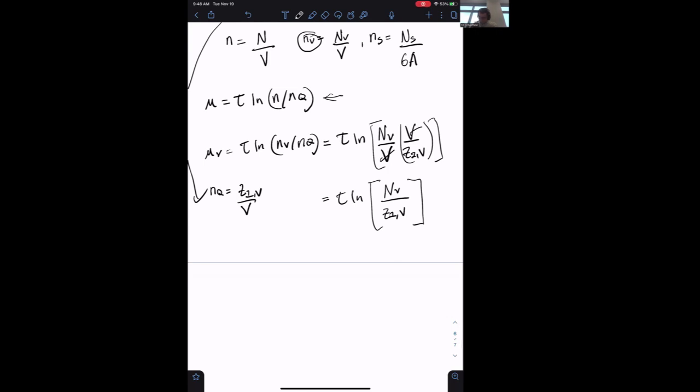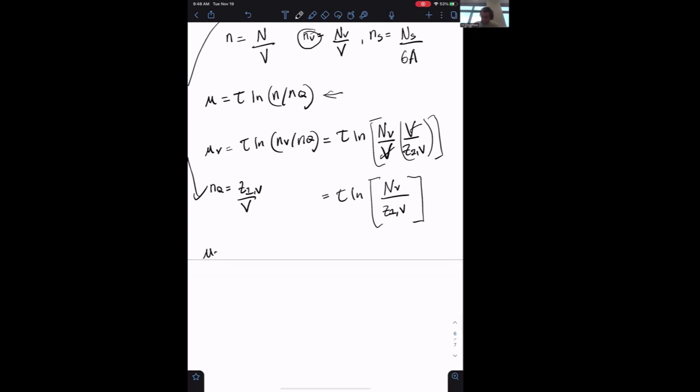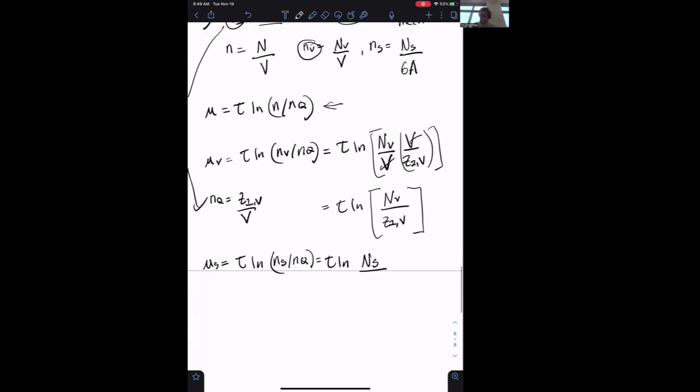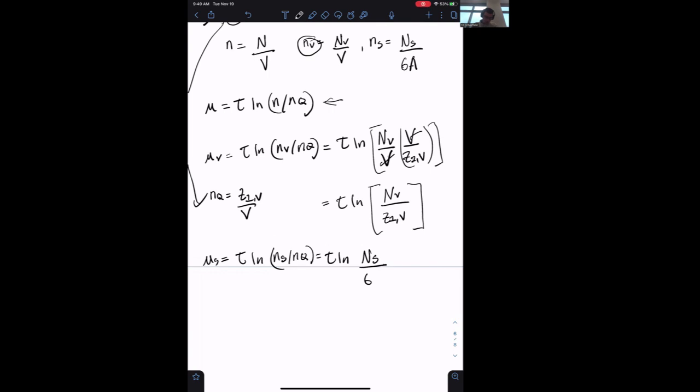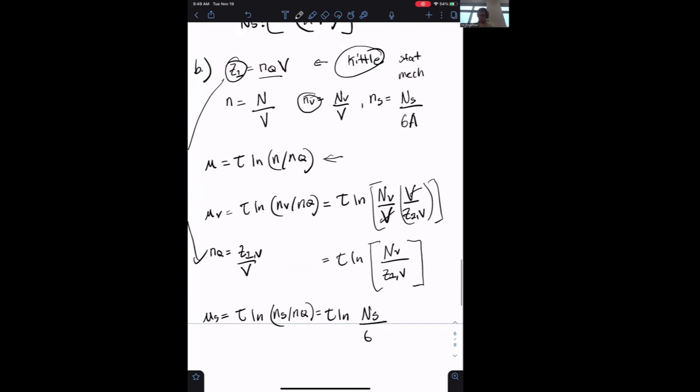We're going to do the exact same thing with the chemical potential on the surface. There's a mistake here.